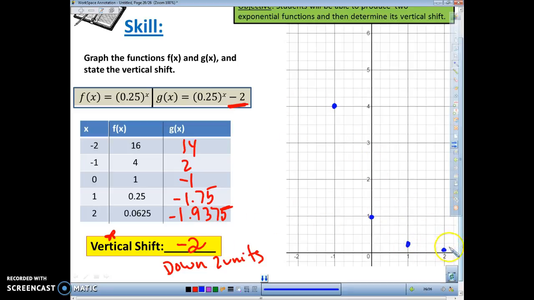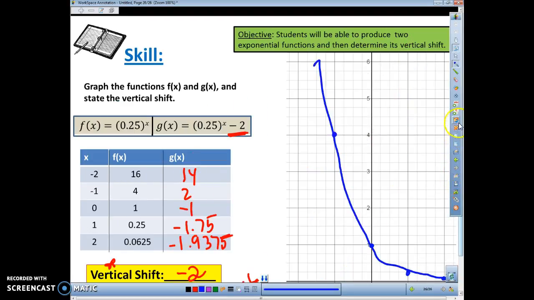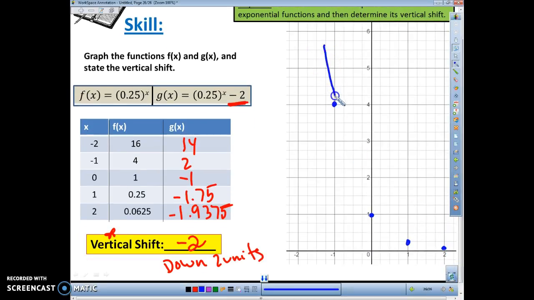Okay, so this function, I'm going to try my best. There we go. It's going down. Okay, and then we plot our transformation. We're going to shift down 2 units.